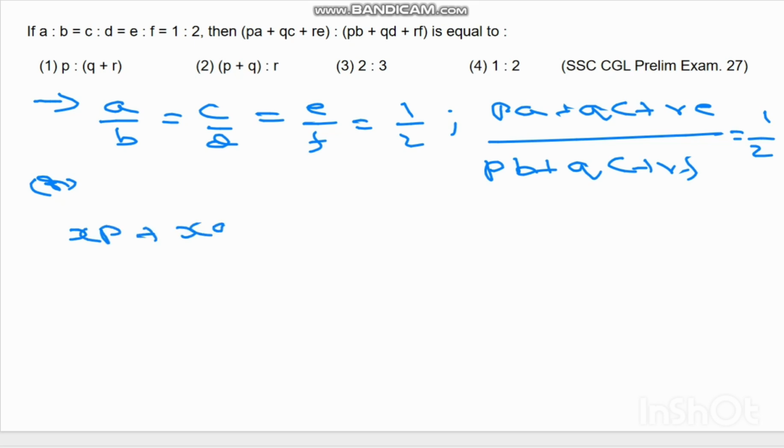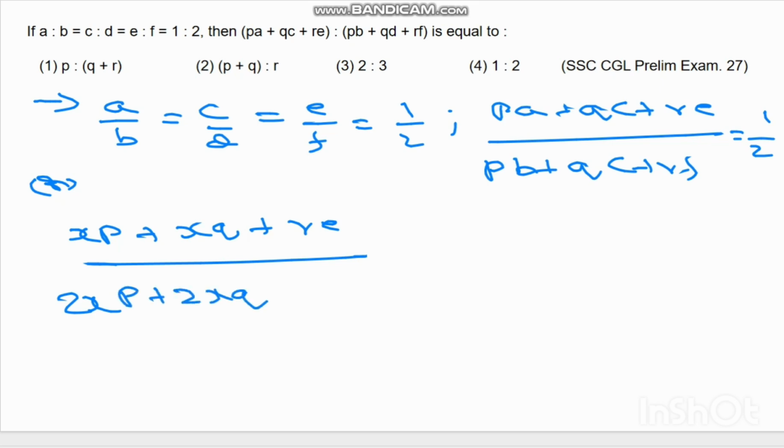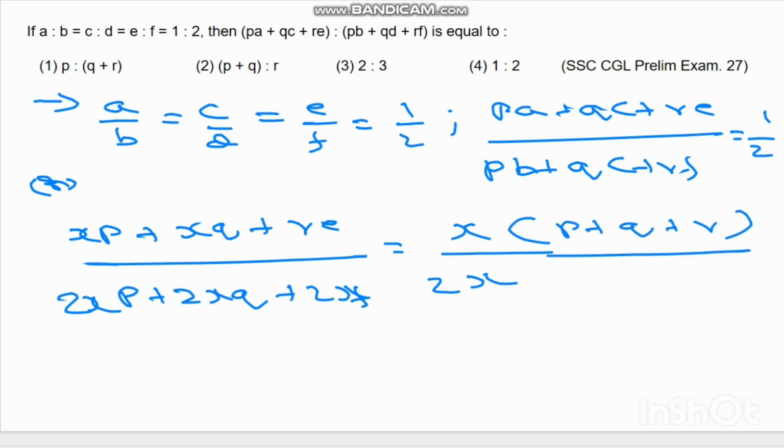XP, XQ, XC by 2XP, 2XQ plus 2XF equal to, if we take X as common, P plus Q plus R by P plus Q plus R equal to 1 by 2.